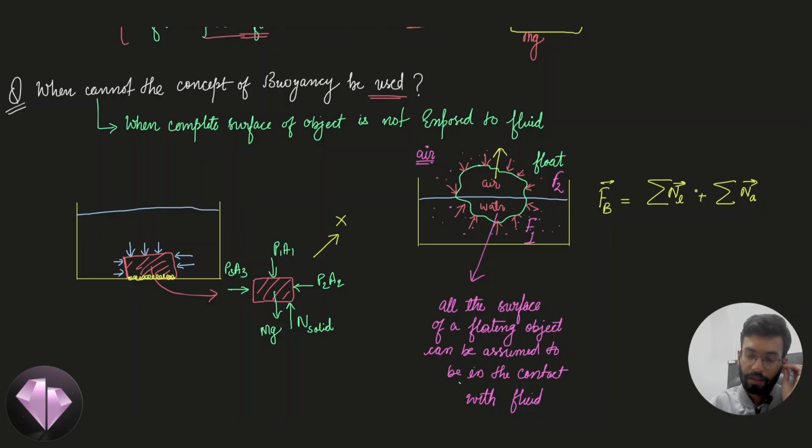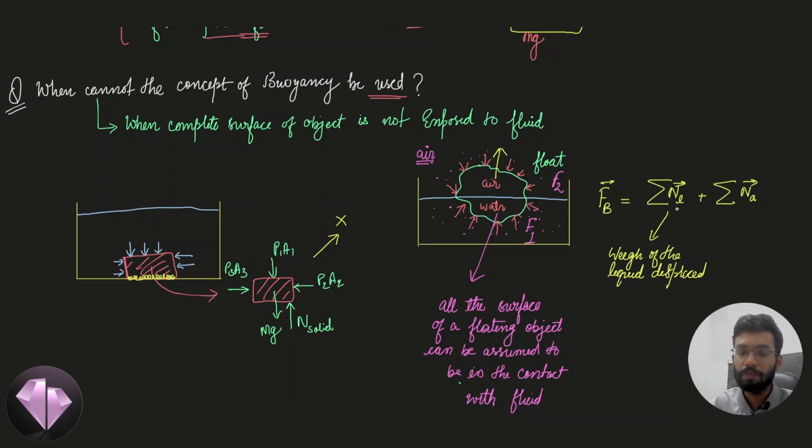But since we've already seen that this summation is equal to the weight of the liquid displaced, this is equal to the weight of the liquid displaced, right? Because if we remove this and put a water element of the same shape and size in its place, that is balancing with these normal forces.